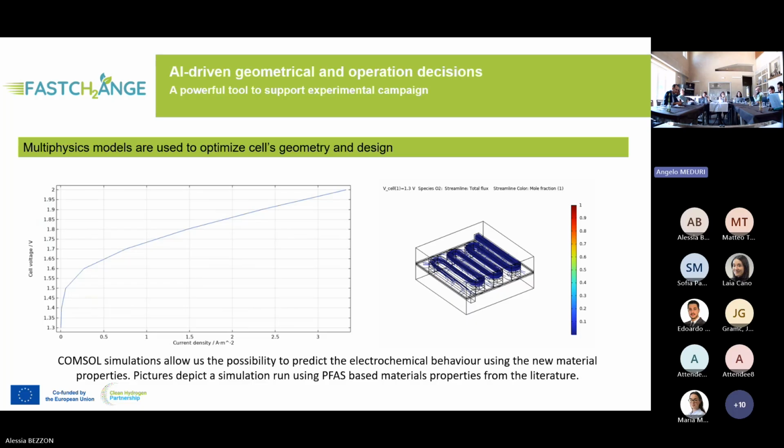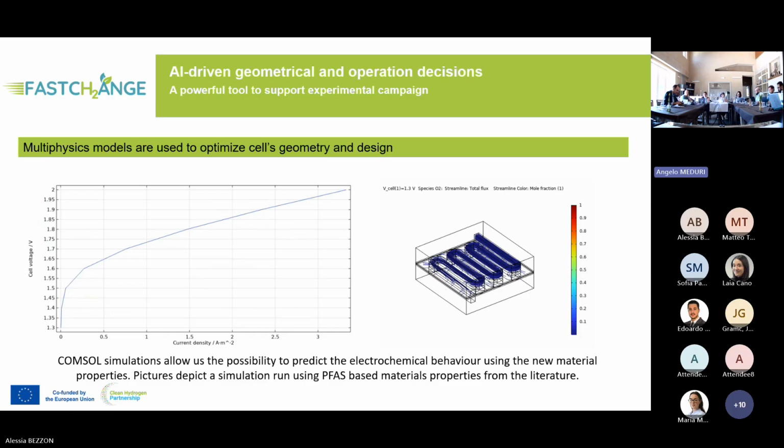On the left side, I just want to clarify that these results are made with PFAS-based material taken from the literature just to validate the simulation model. Here on the left, you can see the behavior of the simulated system using the typical platinum and iridium catalyst with a Nafion commercial membrane.